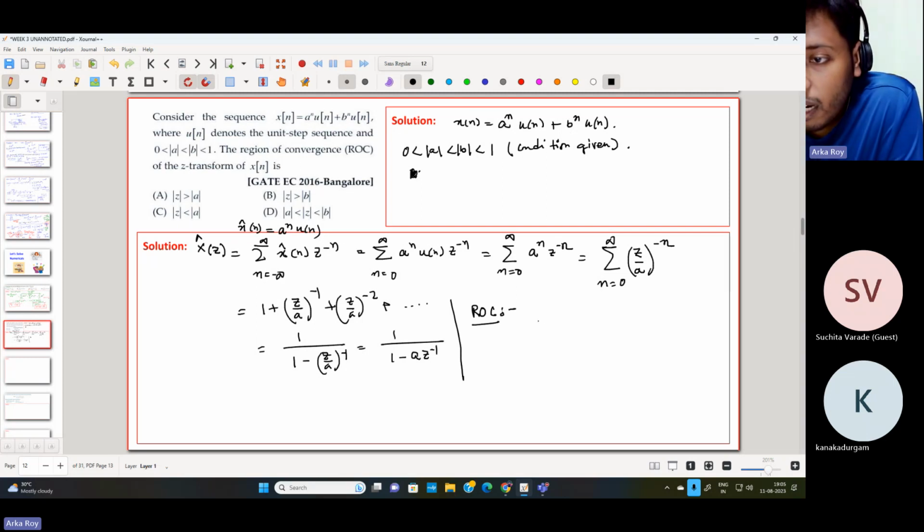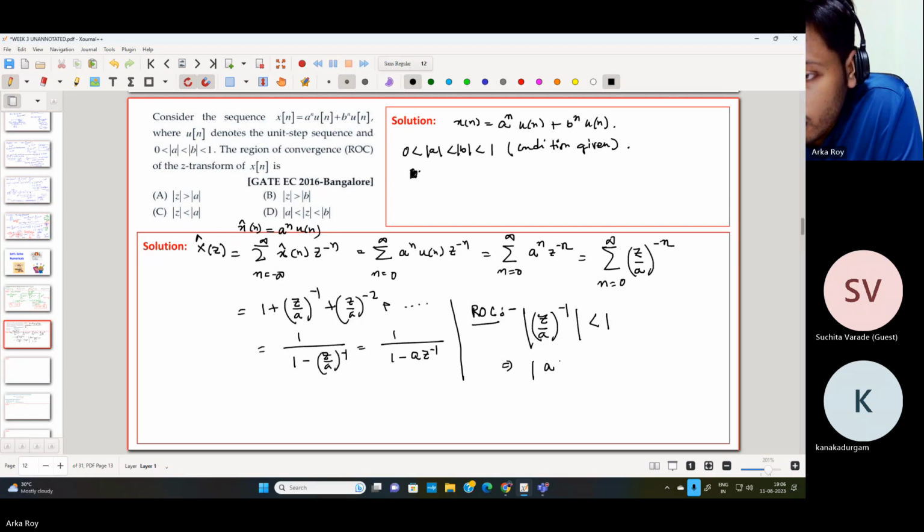So the associated ROC will be: z by a to the power minus 1, mod, should be less than 1. So I can write it like a z inverse less than 1.